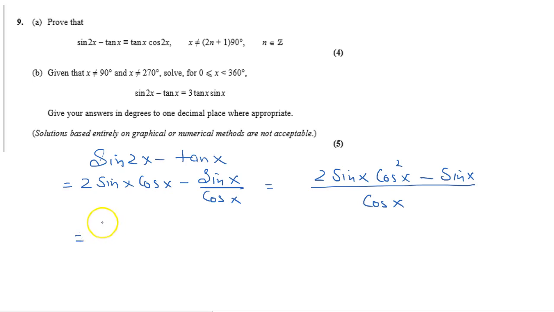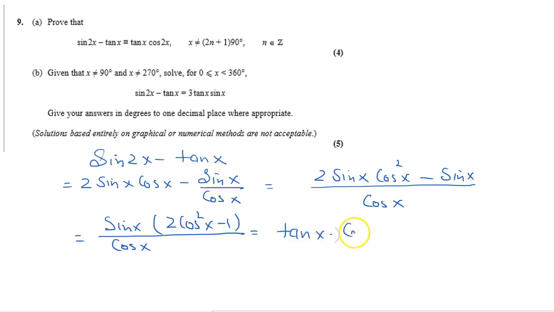So we have taken sin x common. So this is 2 cos squared x minus 1 over cos x. 2 cos squared x minus 1 is cos 2x. So this is tan x and this is cos 2x.